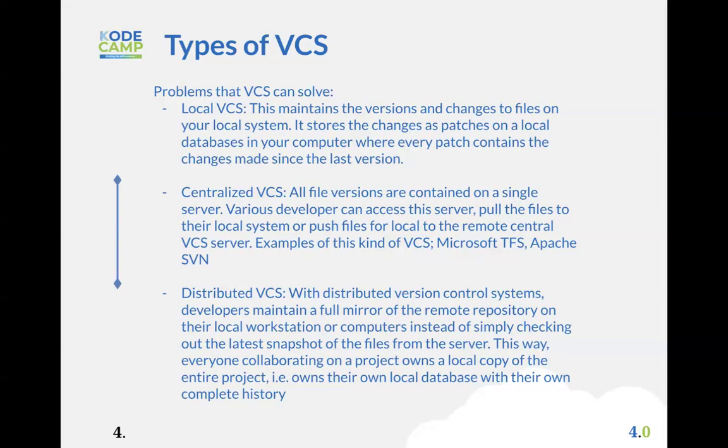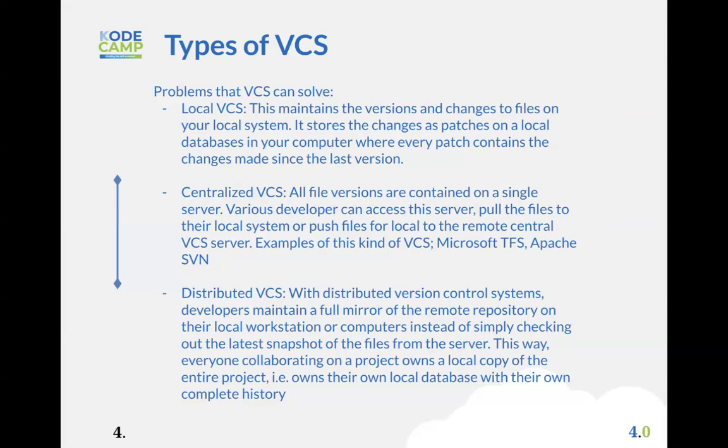So to take care of that problem, a central version control is needed. The central version control is like a single server where files are kept, where the source code files or whatever resource file that needs version control and management reside on a single server.